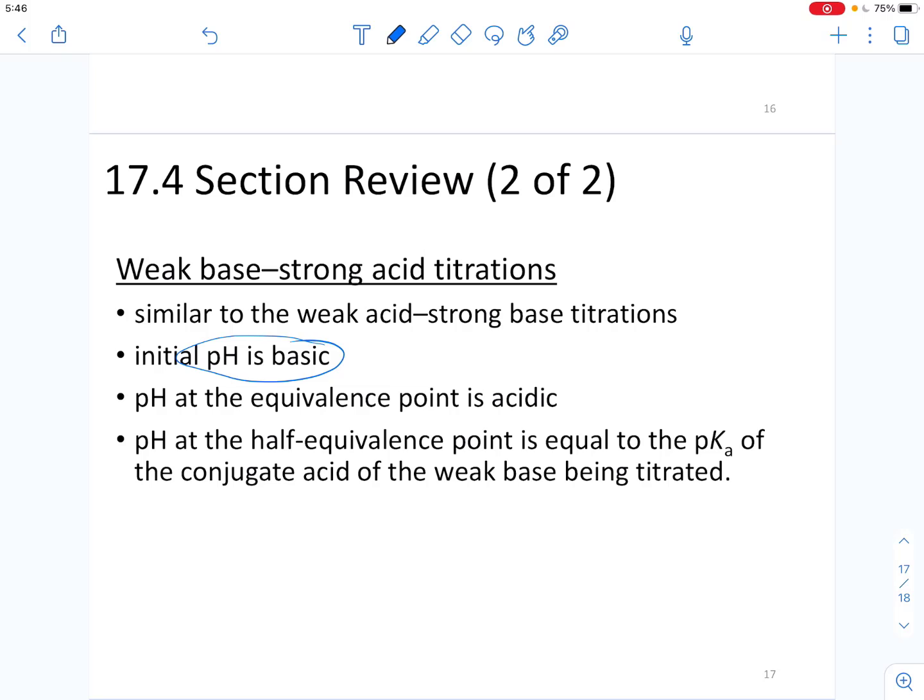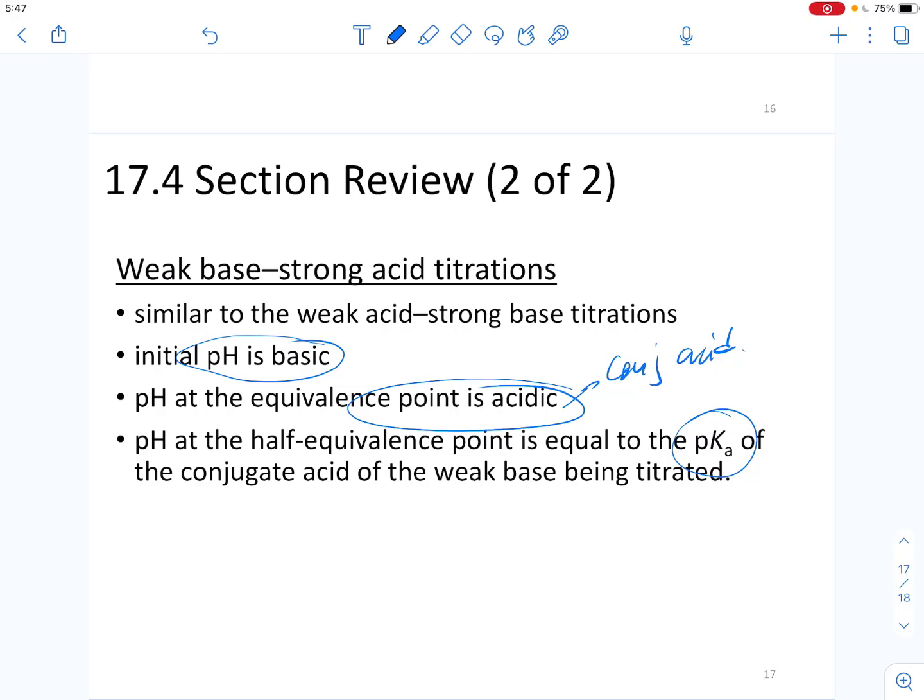At the equivalence point, the pH is acidic because the conjugate acid controls the pH. And at half the equivalence point, the pH you're going to have is the pKa of the conjugate acid, not the pKb.